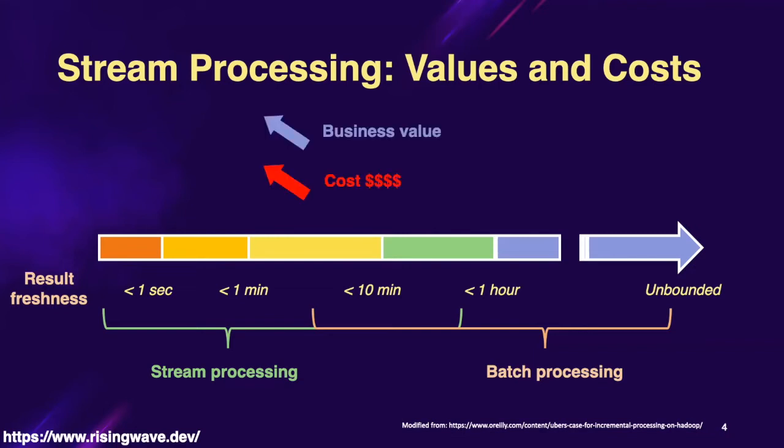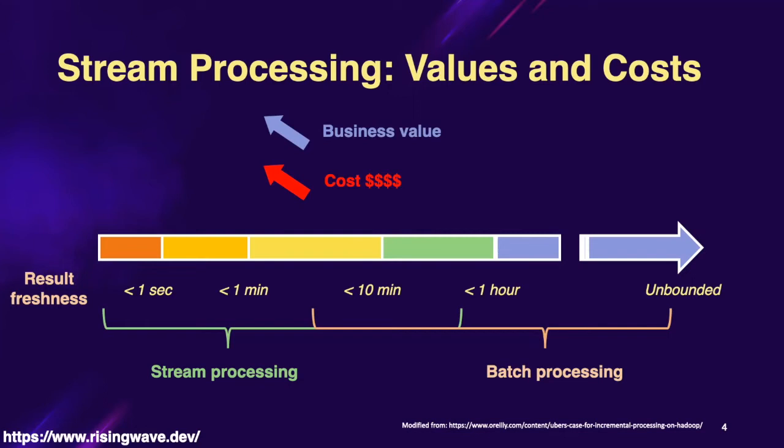The reason we want to use stream processing is that by having the latest insight, we can make more accurate decisions, and by making more accurate decisions, we extract more business value from the data we have.